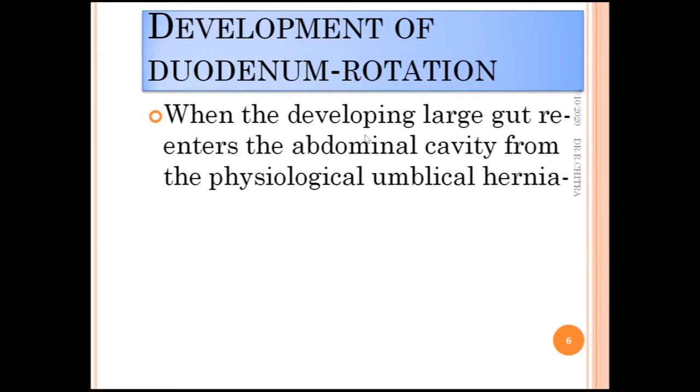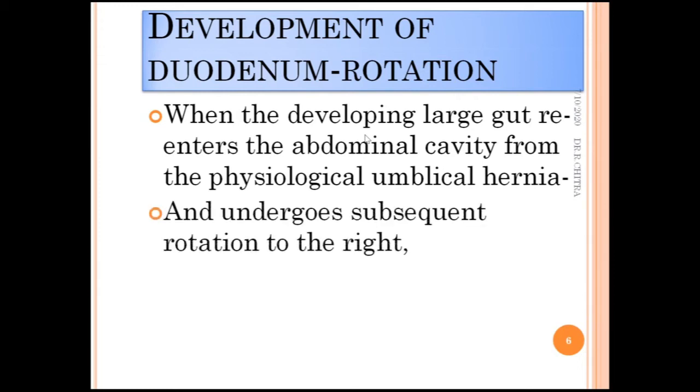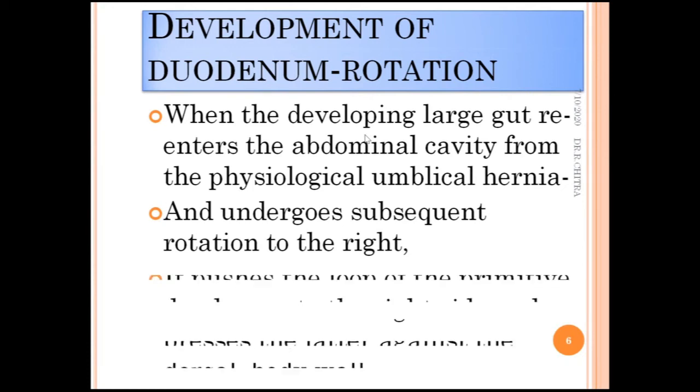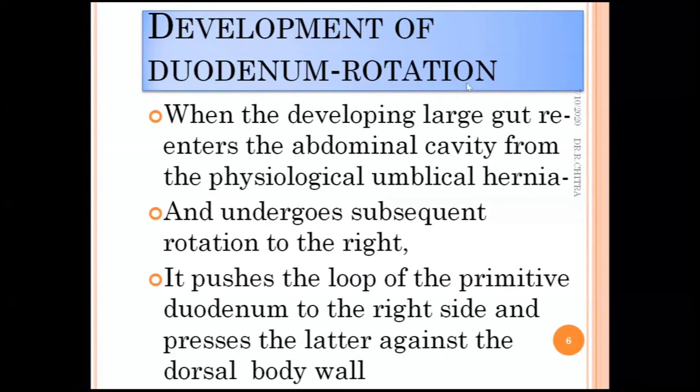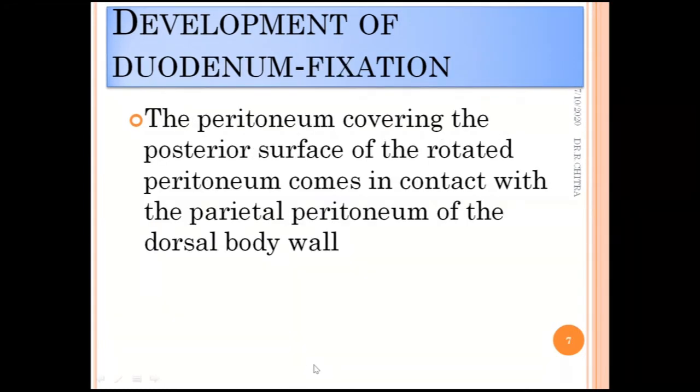When it is rotating, it pushes the duodenum to the right. That is how the duodenal rotation takes place. So this large gut pushes the loop of the primitive duodenum, which was occupying the midline with the ventral convexity, to the right side, so that it is pressed against the dorsal body wall.